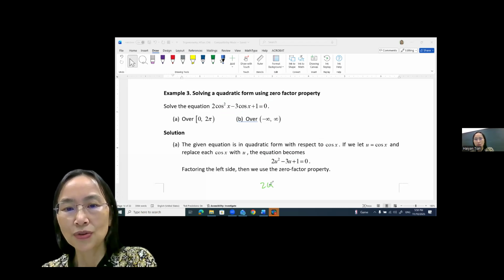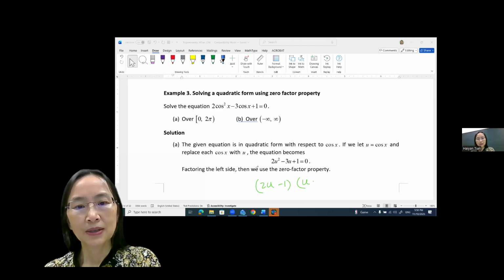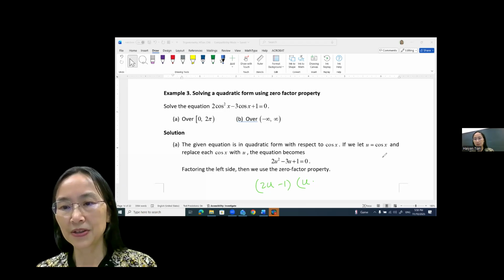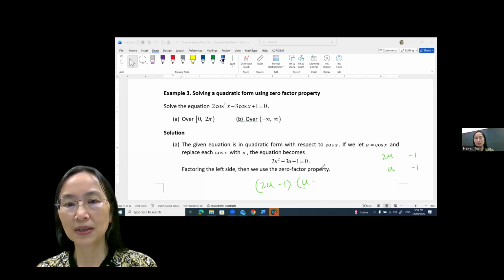So it is 2u, once we factor, because this u can be factored, right, as this, and this one you can put here, and the -1 product will result in a +1.